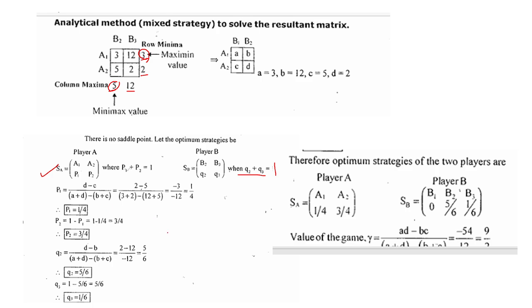Anyway, I'll write the formula for finding P. It is D minus C divided by A plus D minus B plus C. Similarly, Q is D minus B divided by A plus D minus B plus C.